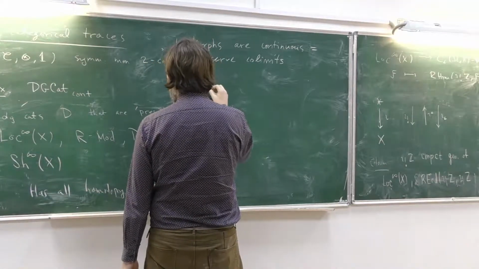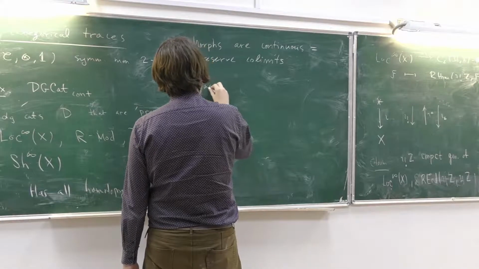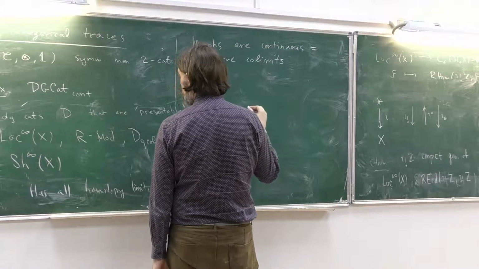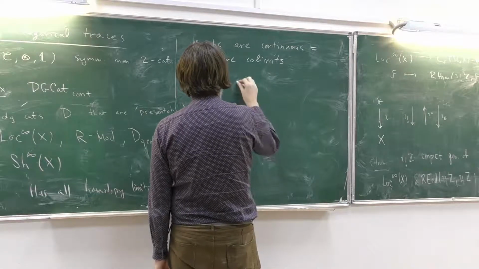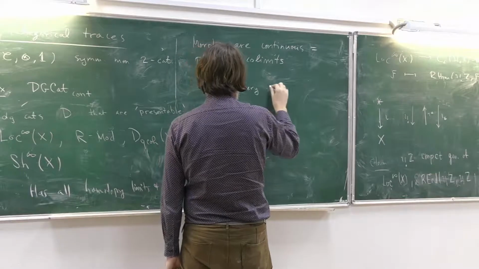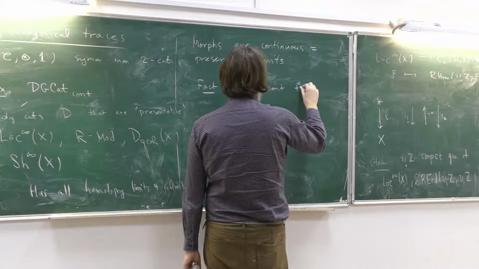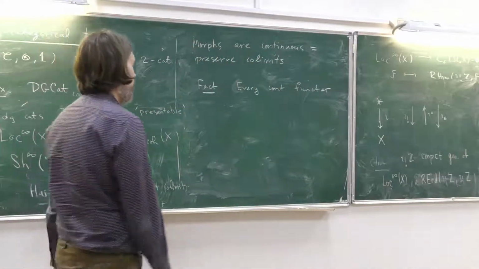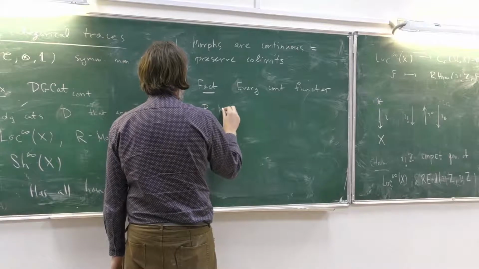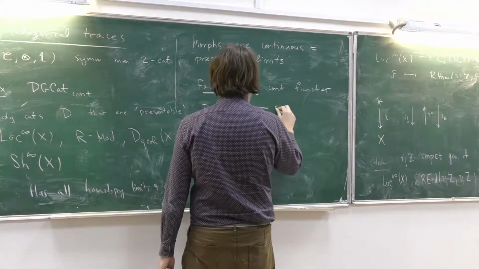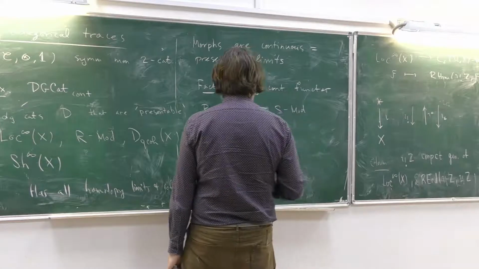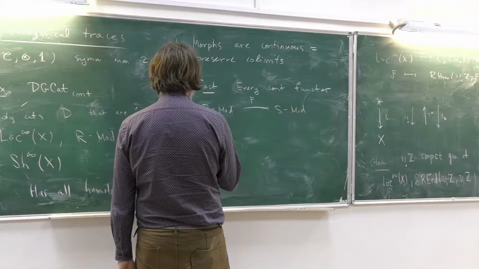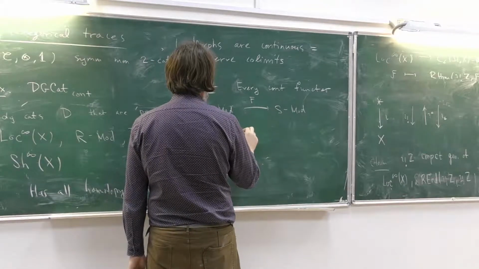So examples would be, in fact, every continuous functor. I'm just trying to give you a sense of what morphisms in this category look like. Every continuous functor F from a category of DG modules to another category of DG modules is of the form given by tensoring with a bimodule.